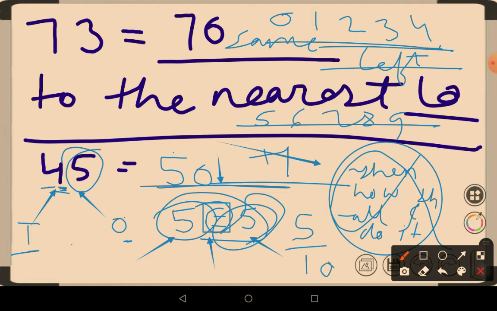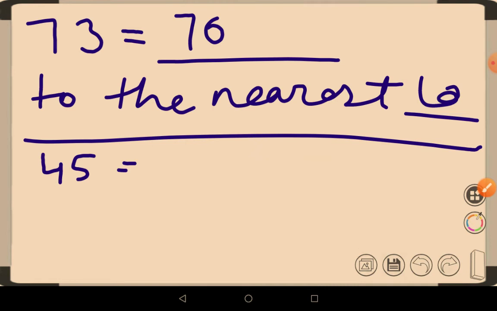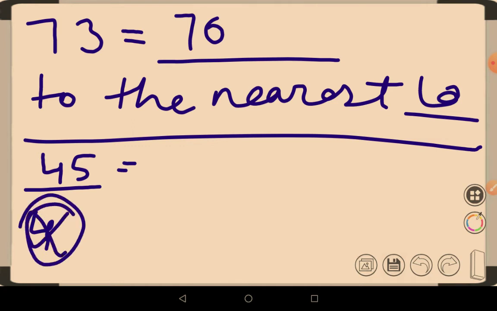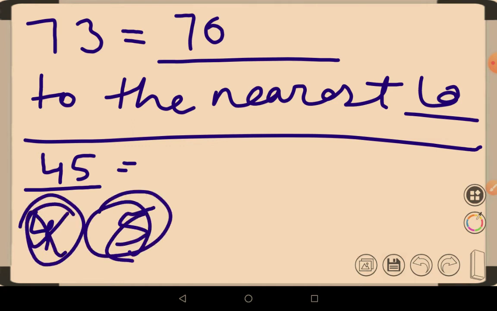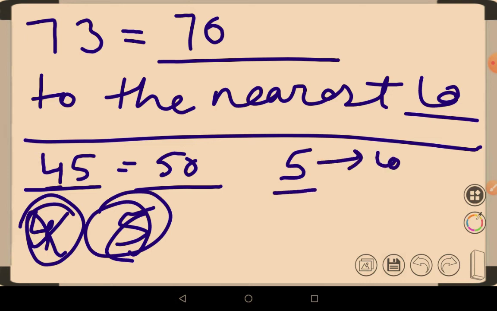So my answer for 45 is 50. And you can round off 45 to the nearest 10.